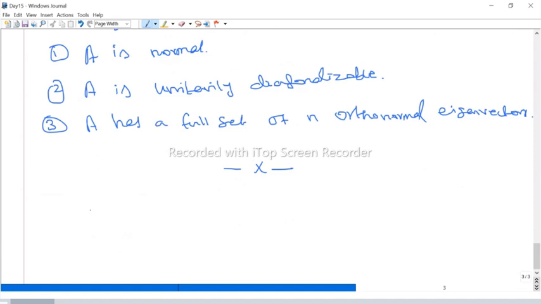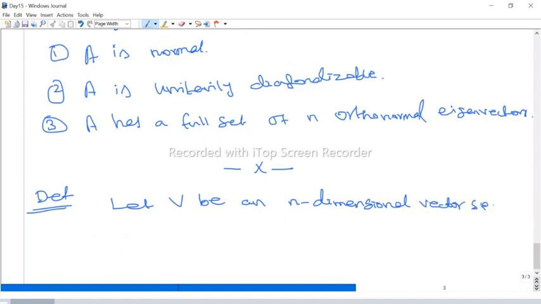Now, definition. Suppose let V be an n-dimensional vector space over the real numbers R. And suppose T is a linear transformation from V to V. Anyway, it's a linear operator.